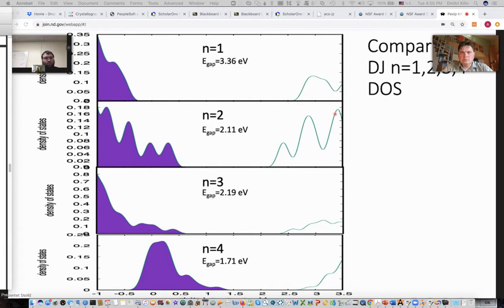The n equals 4 and the n equals 1 just have a fairly broad peak with a couple shoulders. And I'm looking at the n equals 3, and it looks like it has some of these same features as the n equals 2, just not as sharp.